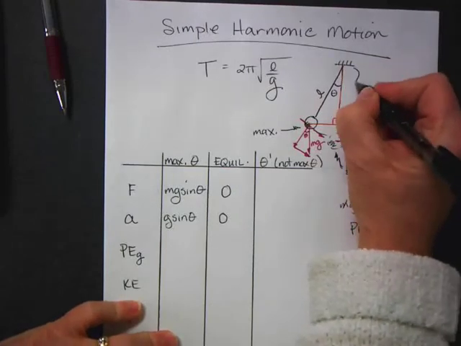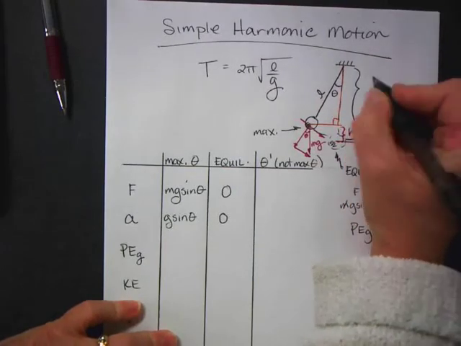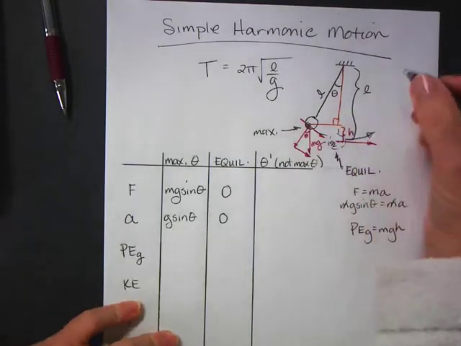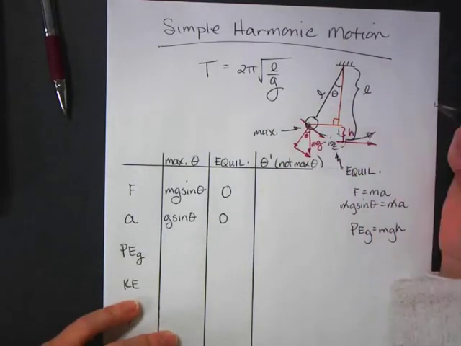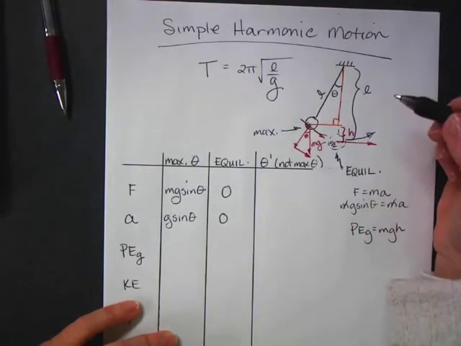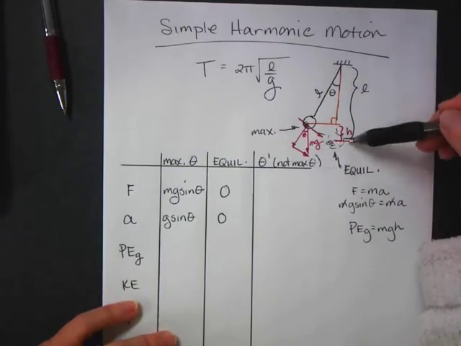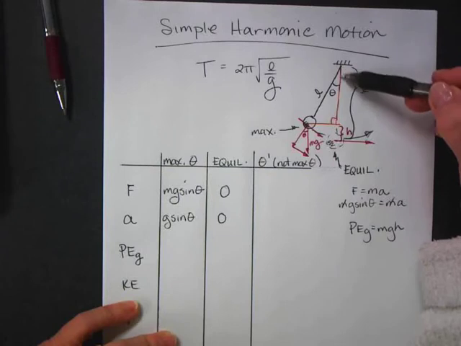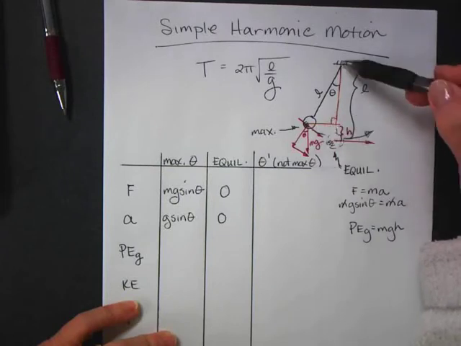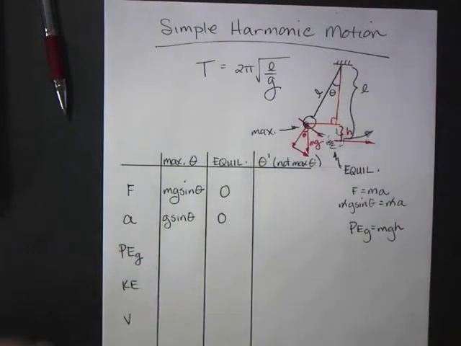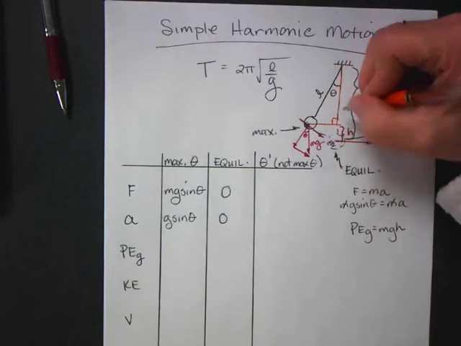So from the pivot point to the center of mass is still L for this whole thing. I know it might look a little longer in my picture, but you're just going to trust me. So H is actually the whole length of the string minus this side of this right triangle.